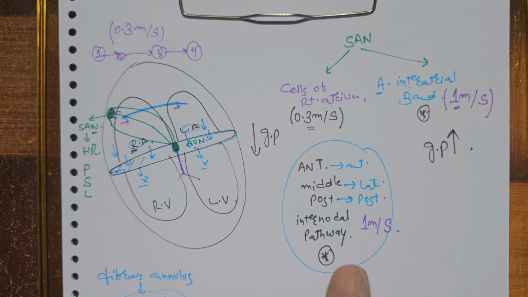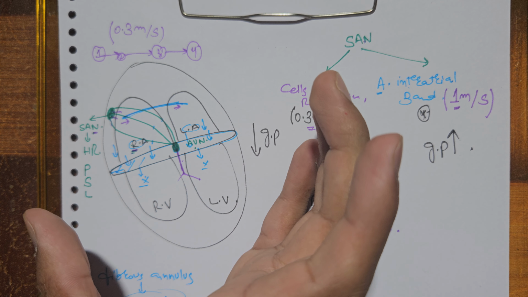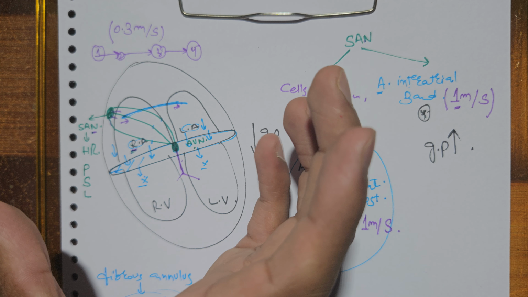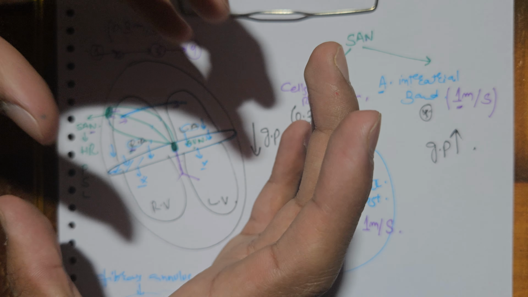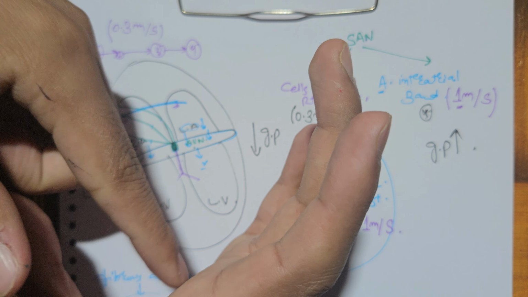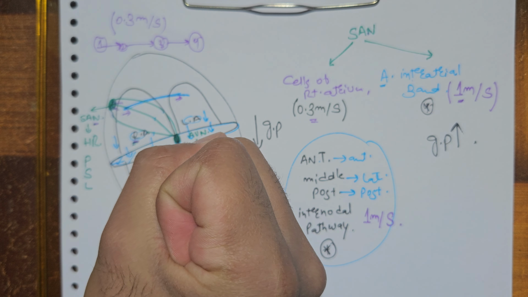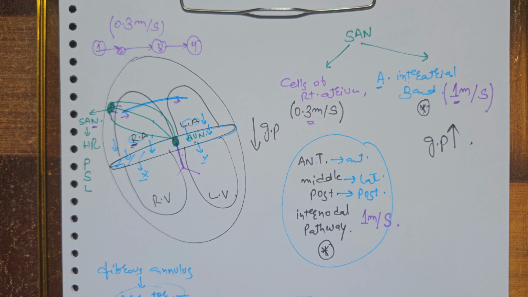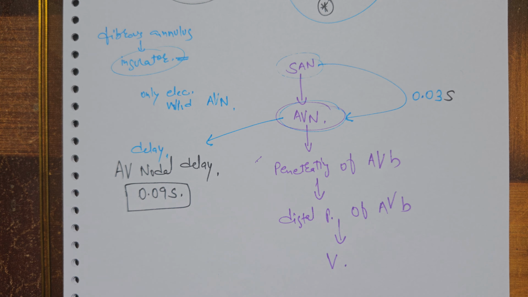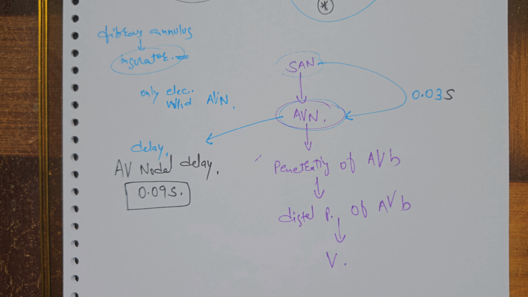So the AV node holds these impulses for 0.09 seconds so that the ventricles will be relaxed and all the blood from the contracting atria comes into the ventricles, and then the ventricles will contract after 0.09 seconds. Is that clear? So this AV nodal delay is physiological. That means it is natural.